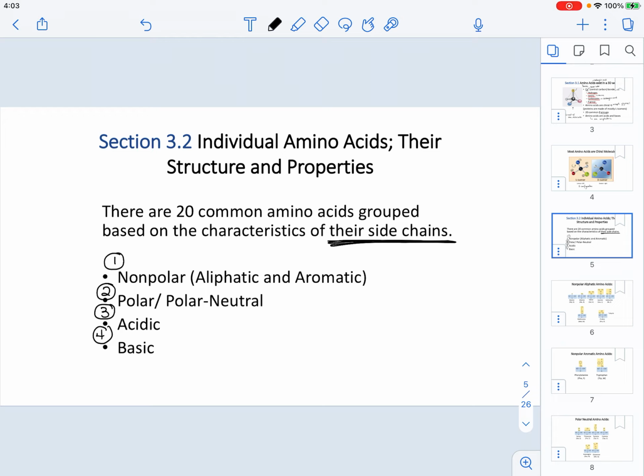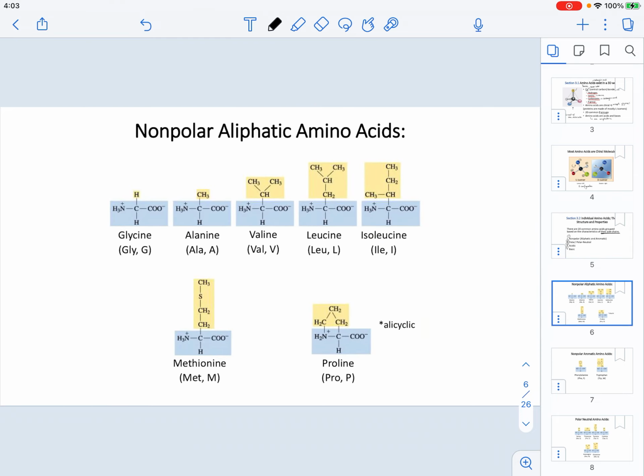Let's look at them more closely in terms of their structure. First, let's talk about the nonpolar aliphatic amino acids. As I mentioned, an aliphatic is going to be where we have a straight chain of carbons and hydrogens. So when it comes to the amino acids, I'm just going to write a note here.